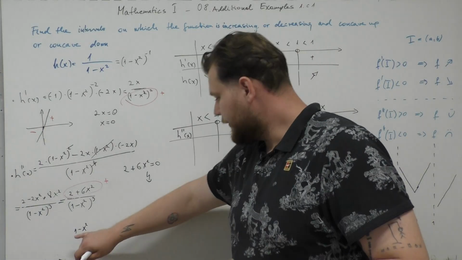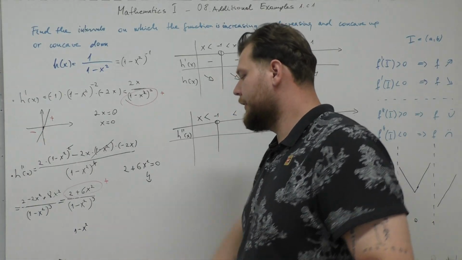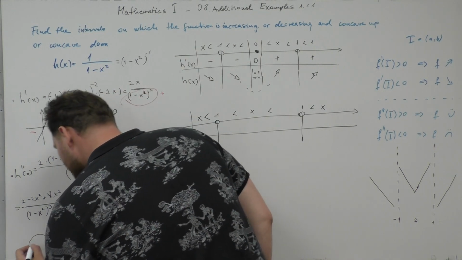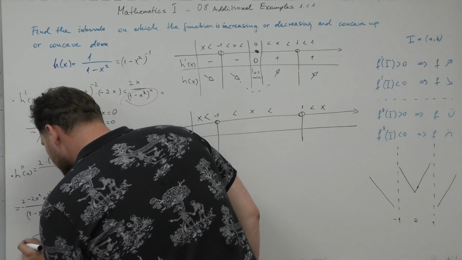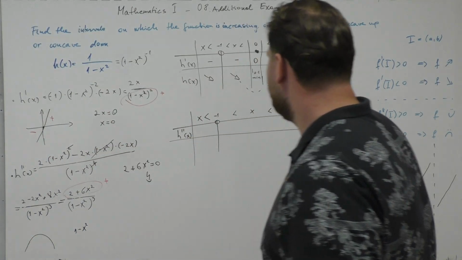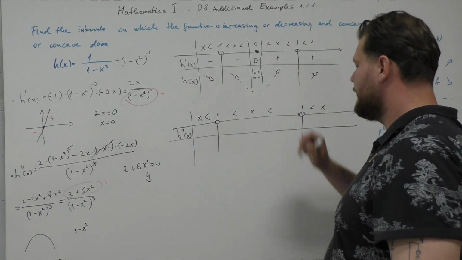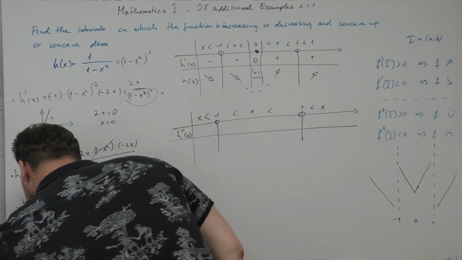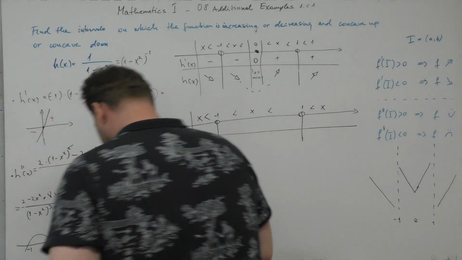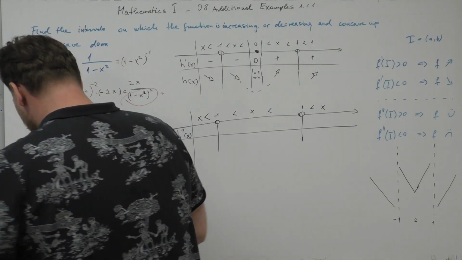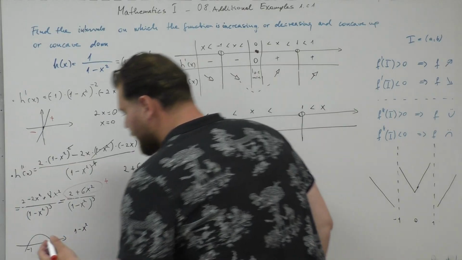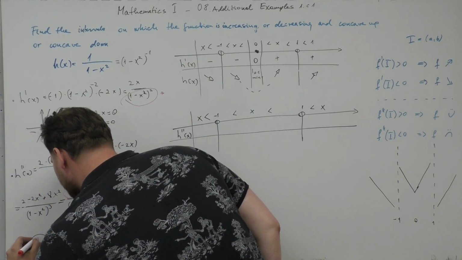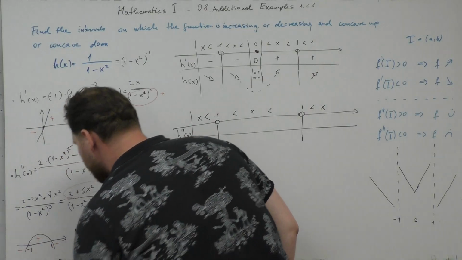Because of the negative x squared, this is a depressed parabola, and we know that the zeros are -1 and 1. So we can see that here is negative, here is positive, here is negative again.